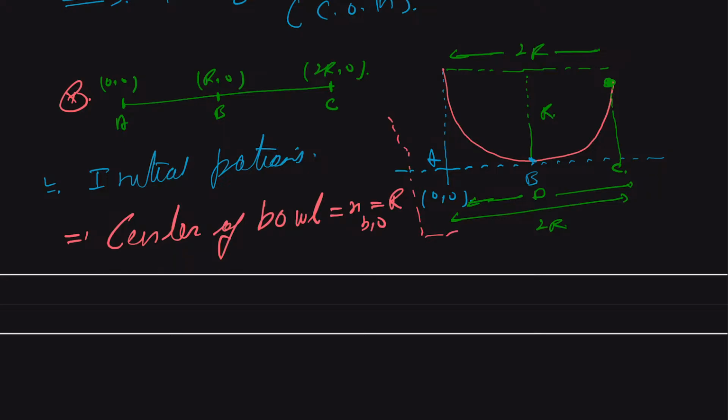Okay. And we assumed that the mouse is on the right side of the rim. Okay.